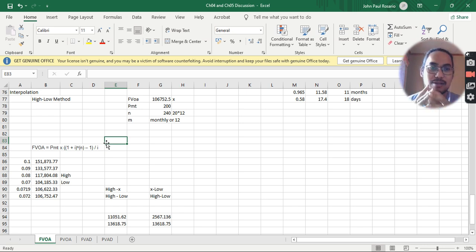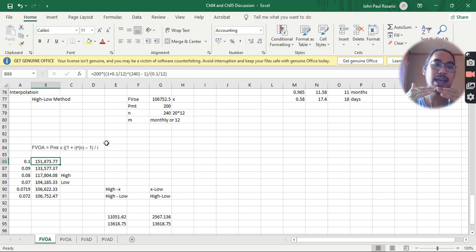So again, the future value of an ordinary annuity with a payment of 200, the number of payments is 240 months or 20 years, and the interest is compounded monthly at 10%. The future value is 151,873.77. So layo no, kay ang target is 106.